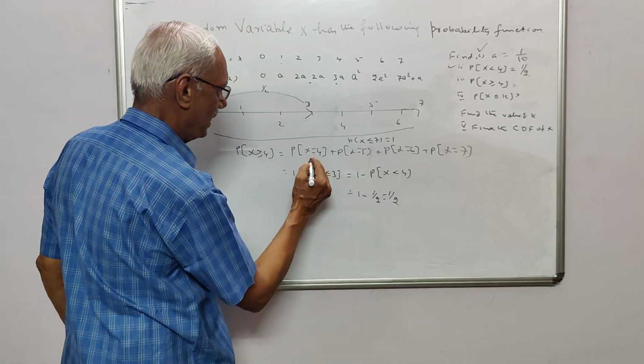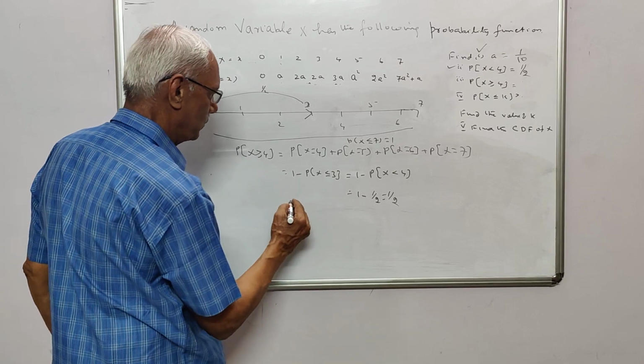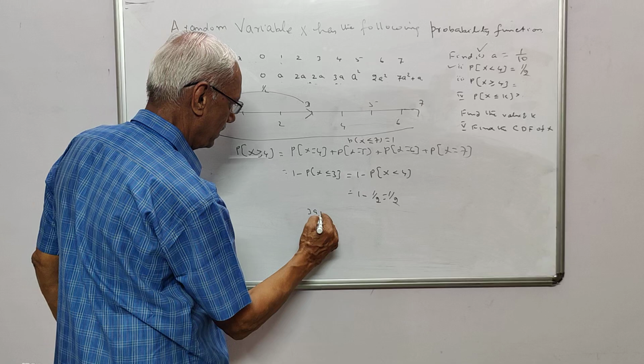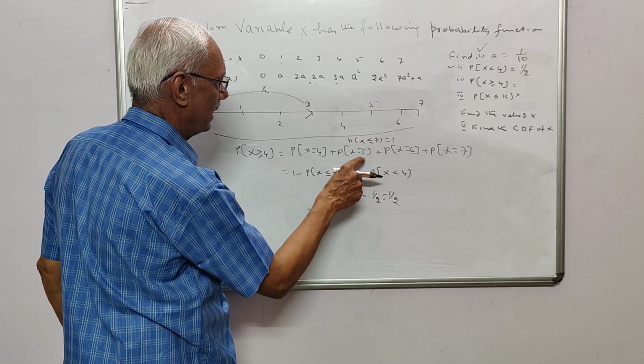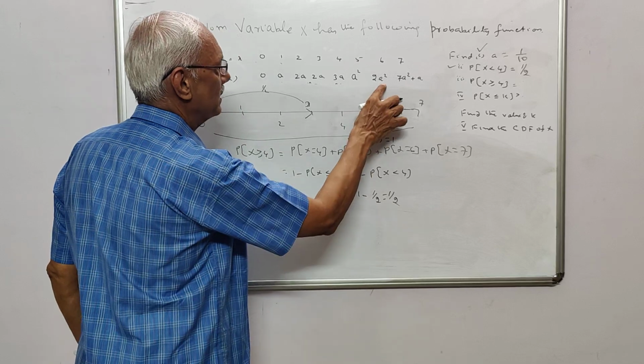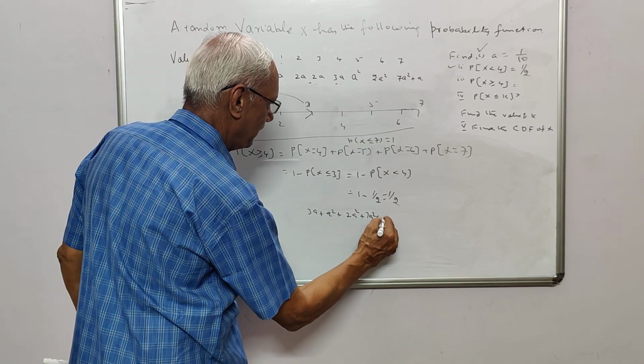If you want, you can just try this. What is P of x is equal to 4? 3a plus, x is equal to 5, a square plus, this is 2a square plus 7a square.